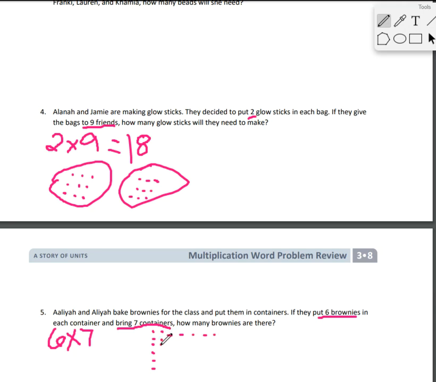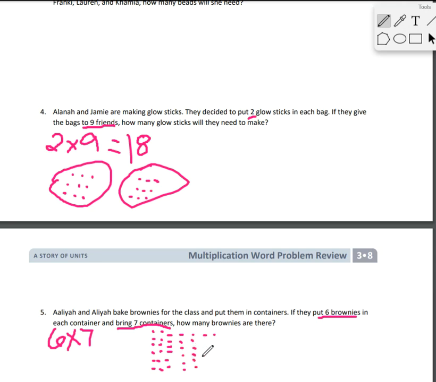And then you would want to complete your array by adding more dots each time. Hold on, something looks off with this row. Let me count. 1, 2, 3, 4, 5, 6. Nope, that was good. It's very difficult to get an array to look pretty on the computer, unfortunately. So they're going to be a little crooked.